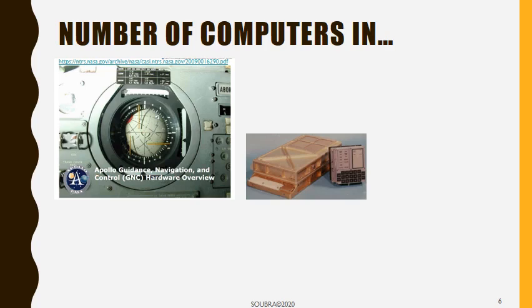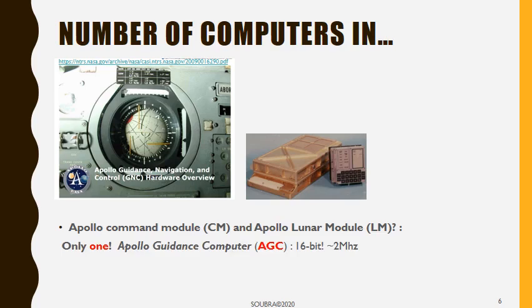So what you need to know is, in order to guide the system, those two modules of Apollo 11, we needed only one computer, called the Apollo Guidance Computer, or AGC shortly. The characteristics of this computer is that the words were 16 bits long, and it ran on a 2 megahertz clock.